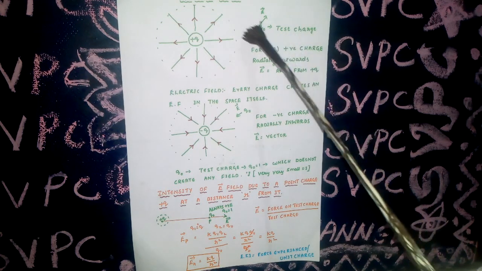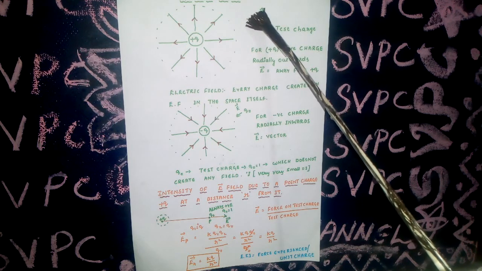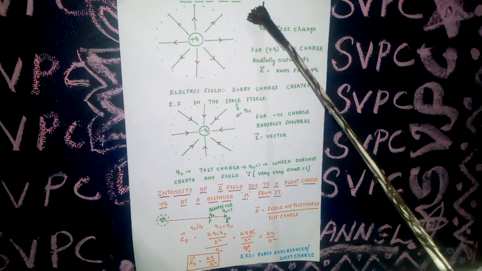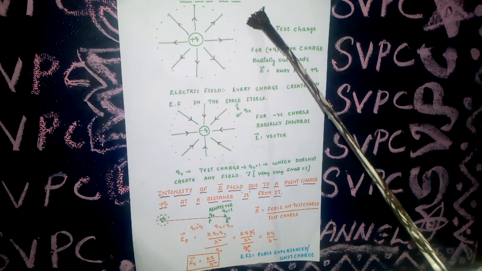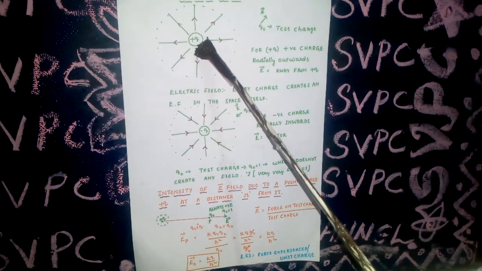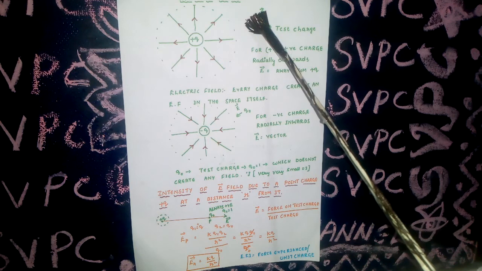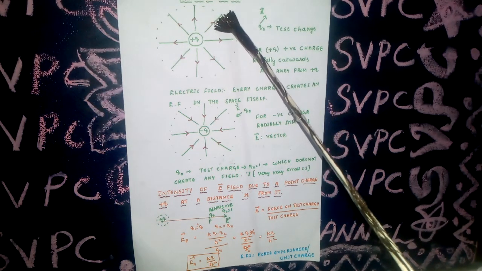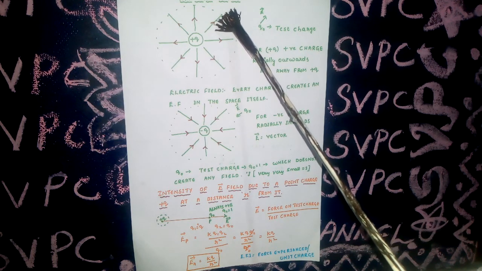Keep the test charge somewhere where the electric field is not present. So this positive test charge Q naught will not be attracted or repelled by this positive charge because it is outside the field. If I keep this Q naught charge here, then it is in the electric field.